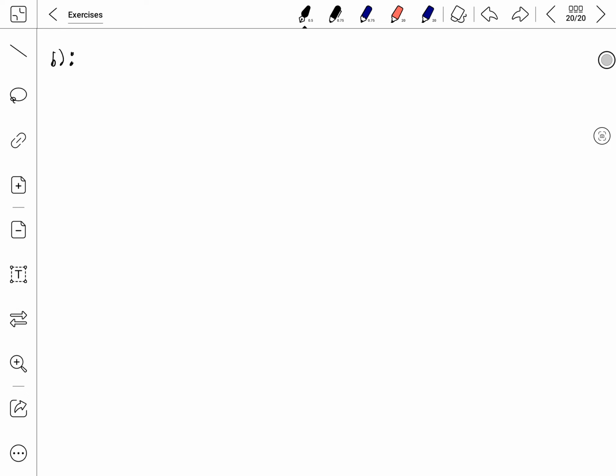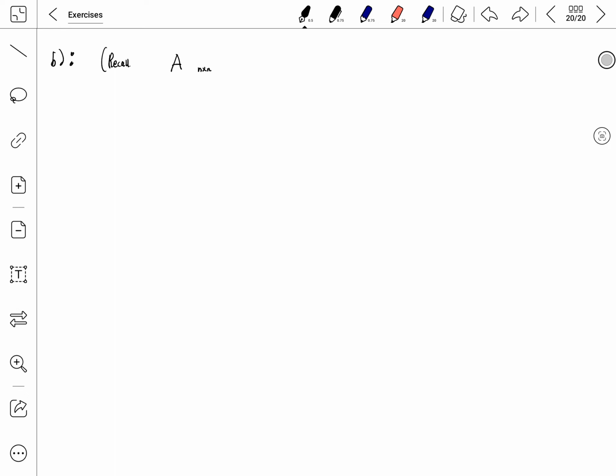Basically, let's see what happened. Recall that in general, for an n by n real matrix, without the assumption that it is symmetric, what do we know?